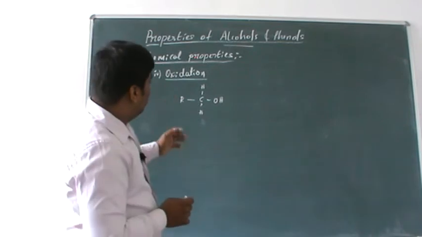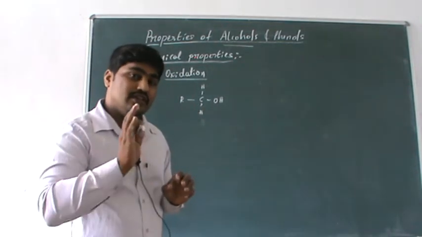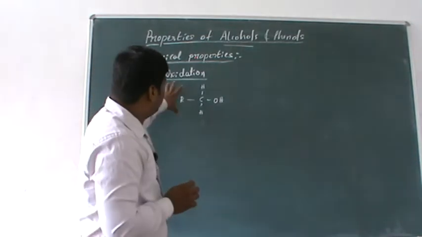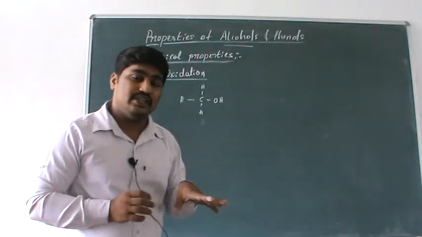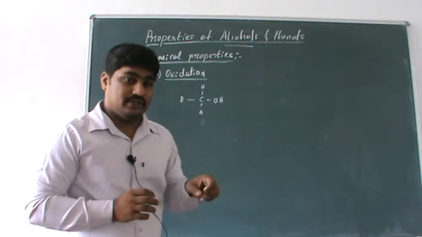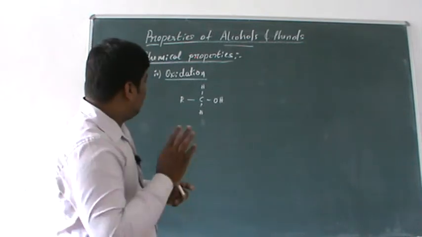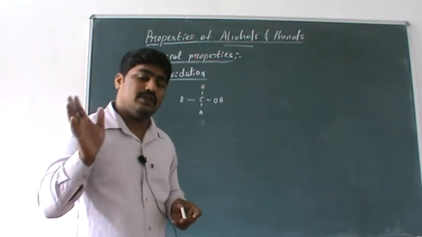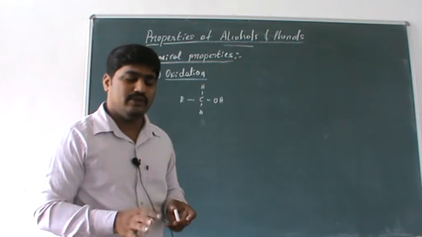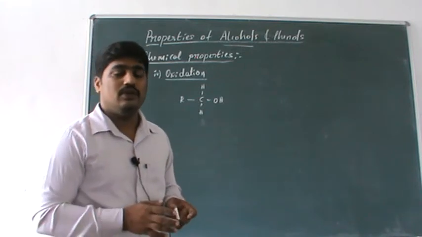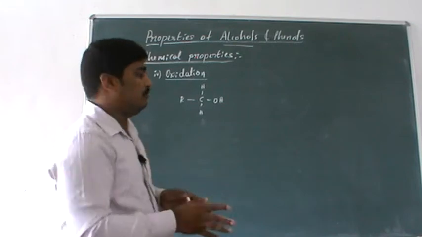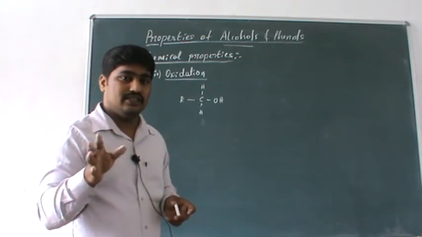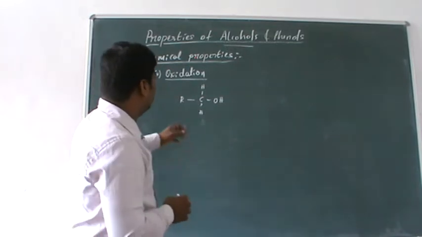Which oxidizing agent is necessary for a given reaction? This is very important from your exam point of view, as well as for competitive exams and your knowledge. These things are very important. First, list out a few oxidizing agents and a few reducing agents.